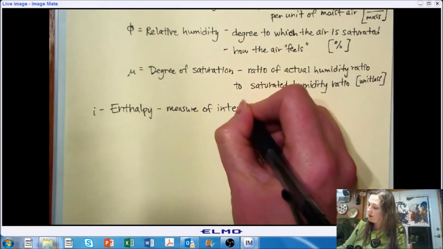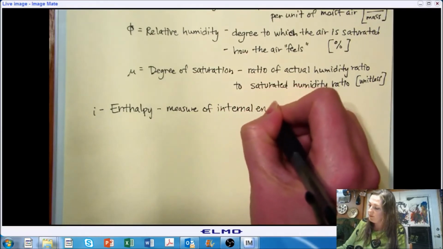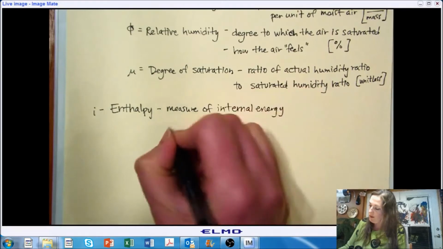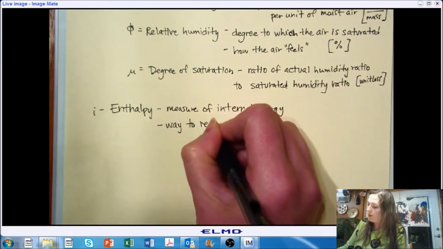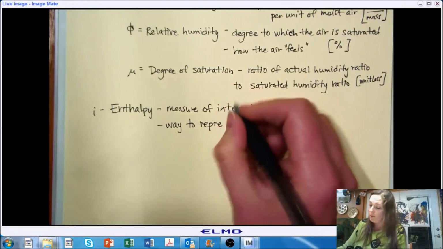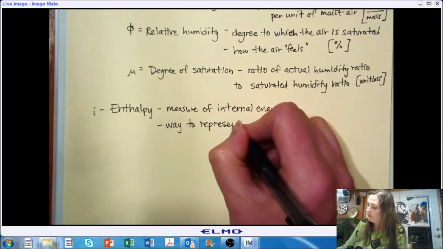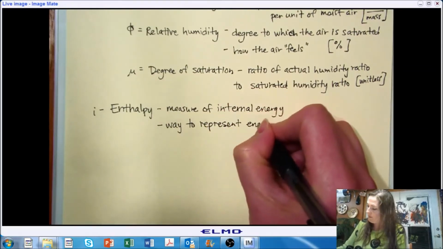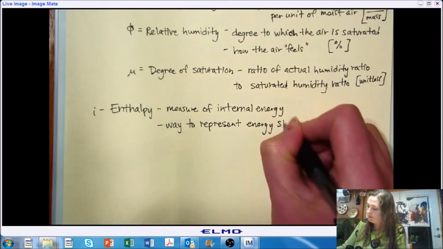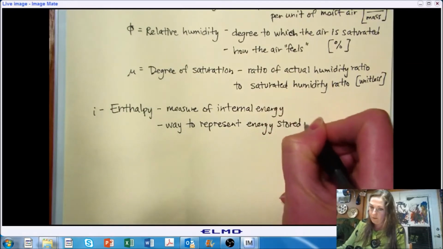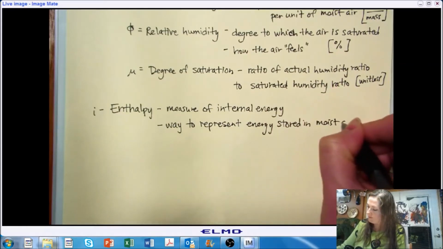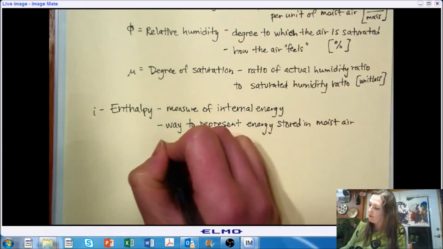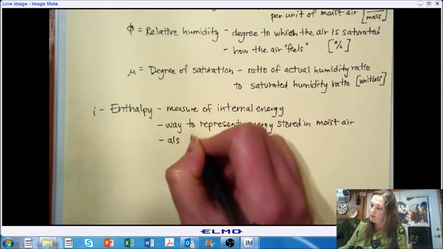So enthalpy, a measure of internal energy. A way to represent the amount of energy that's stored in our moist air. You might also see this called specific enthalpy.